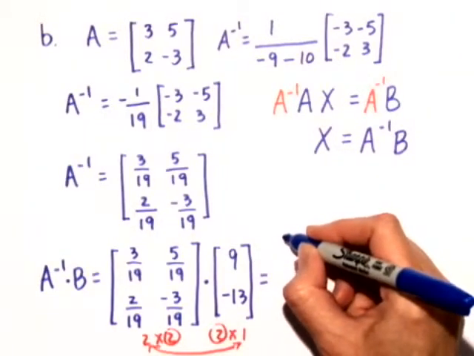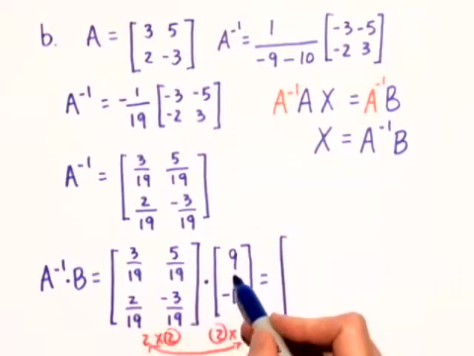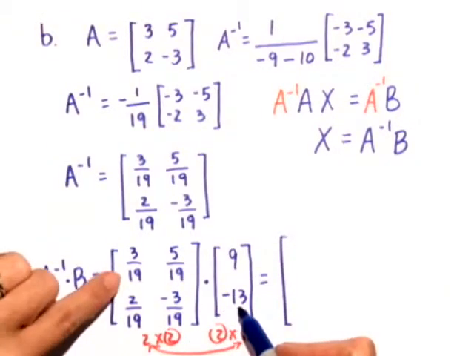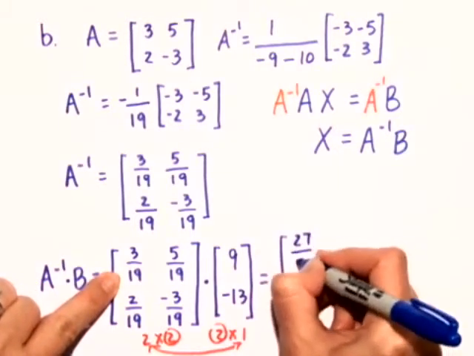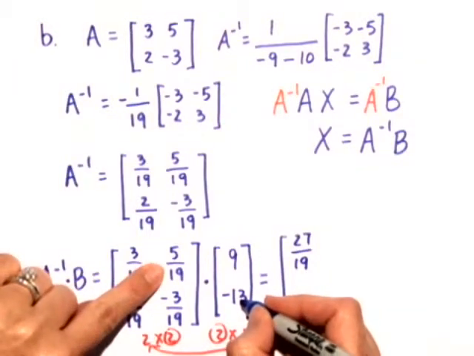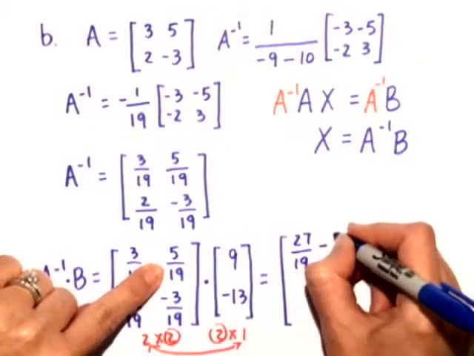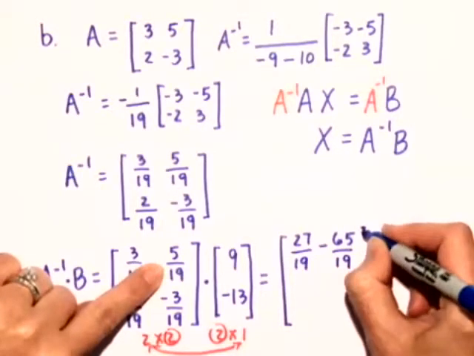So let's multiply this. First, we'll start with row 1 and multiply that by column 1. We have 3 over 19 times 9. That's just 27 over 19, plus 5 over 19 times negative 13. That's minus 65 over 19. We'll calculate that in just a moment.